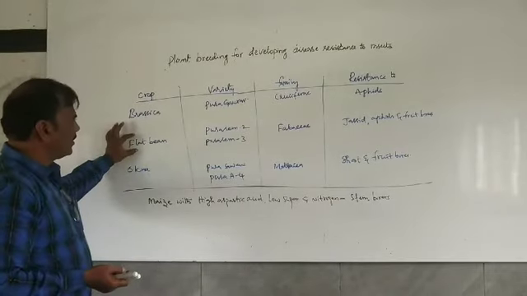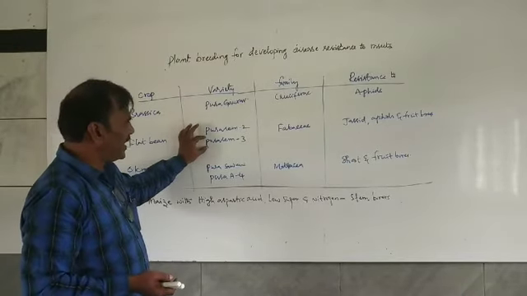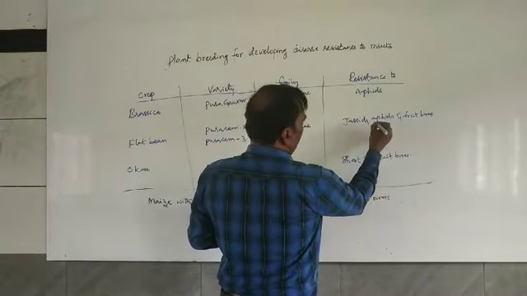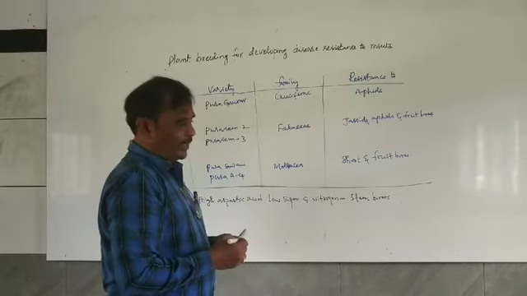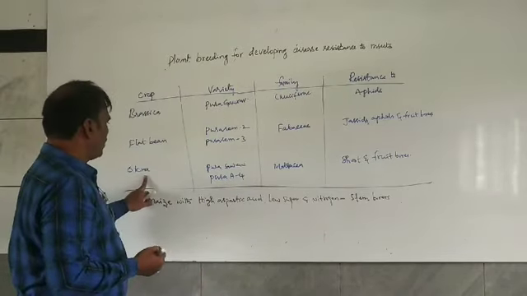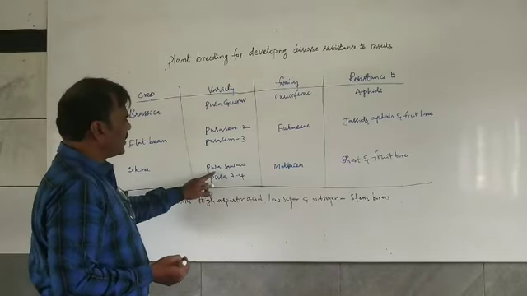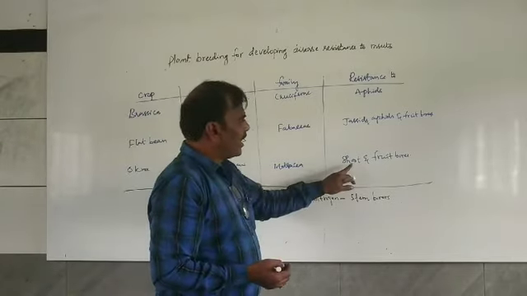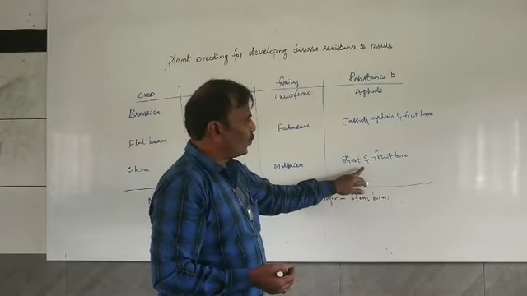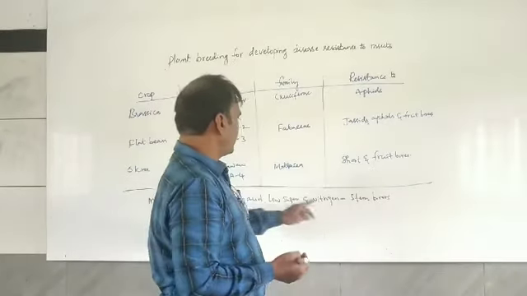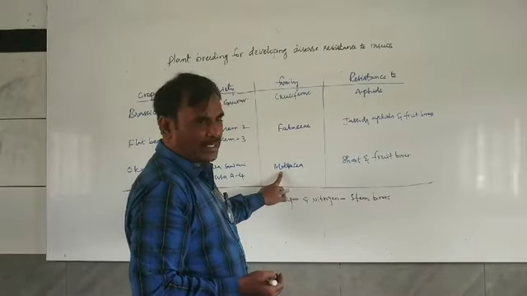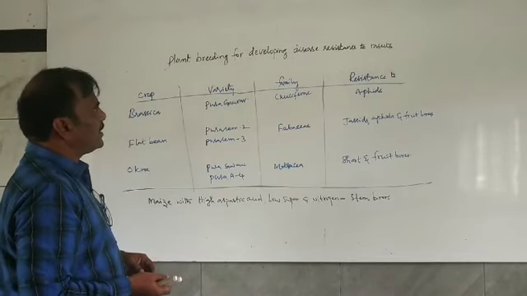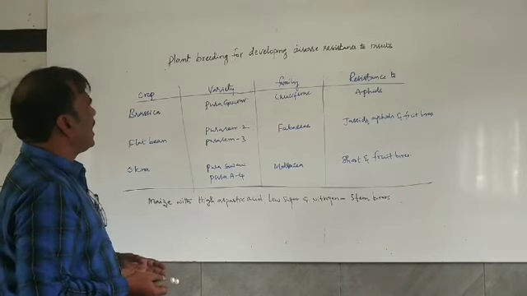Next, flat beans, Pusa Sem 2 and Pusa Sem 3, are resistant to jassids, aphids and fruit borers. And okra: Pusa Sawani and Pusa A-4 are resistant to shoot and fruit borers. In such a way, some disease-resistant varieties against insects are developed in plants.